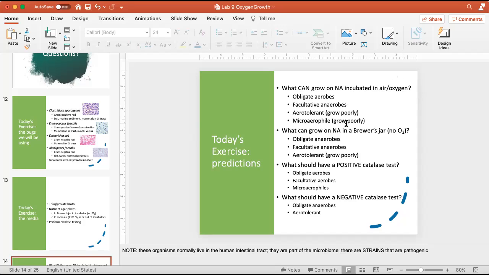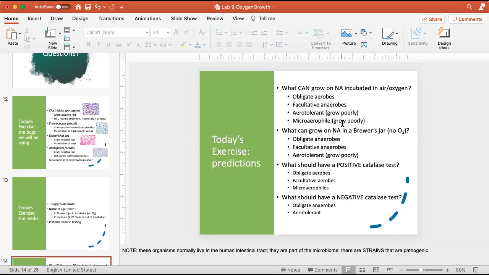But oxygen is not toxic to them. It's not going to kill them outright. Now you notice that the obligate anaerobe is not on the list, right? Because an obligate anaerobe cannot grow in air or oxygen. Oxygen is toxic to that organism. So 4 of our groups can grow in the presence of oxygen.